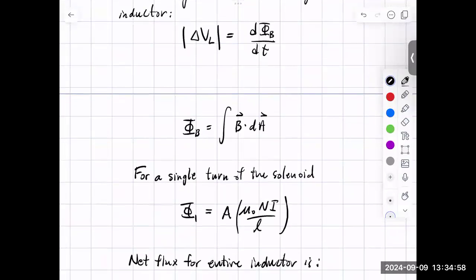And now that's all the hard work. Now we just apply Faraday's law. We're going to just take the derivative of that flux.